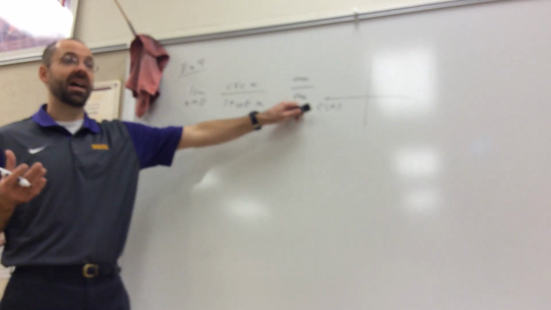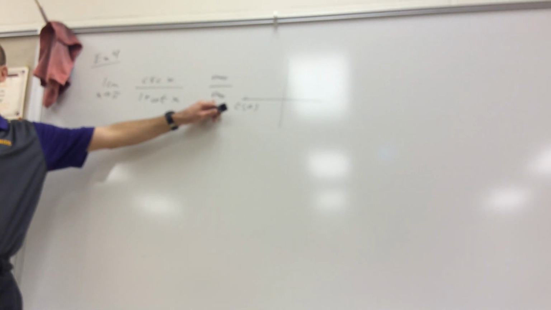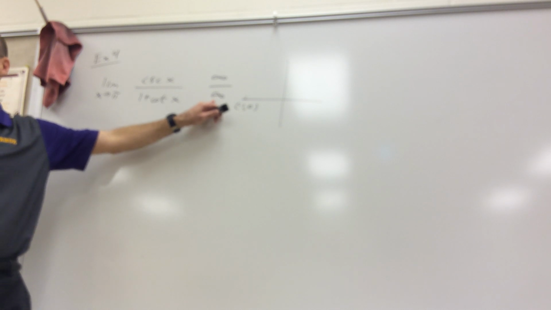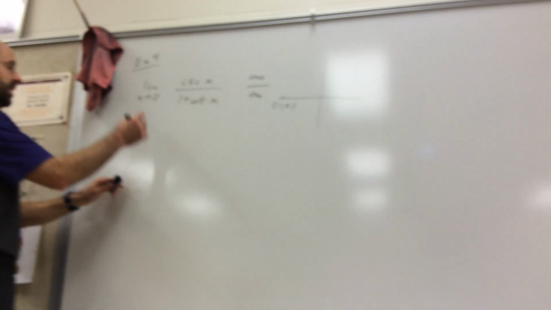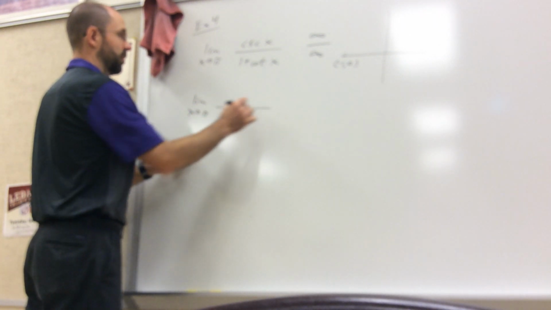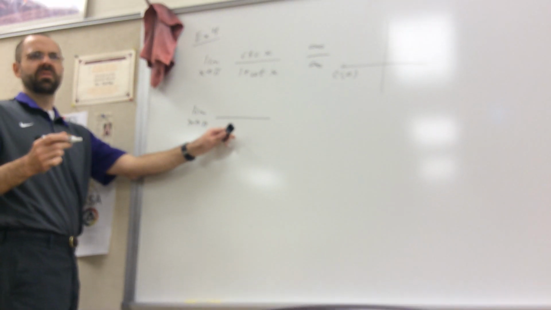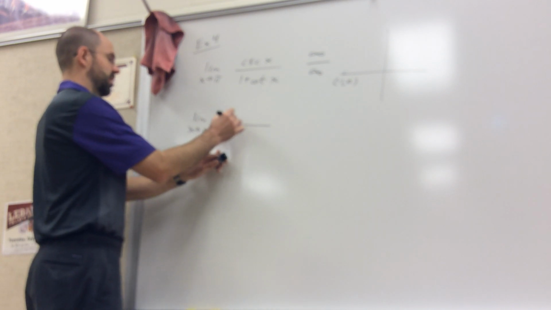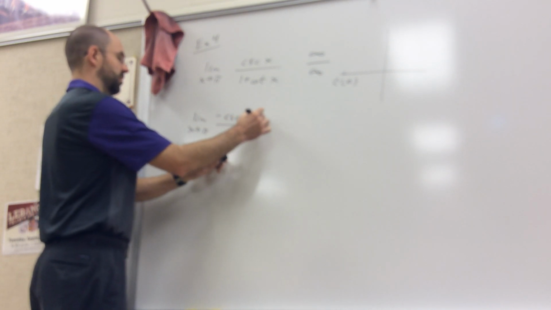That's why I'm writing this down, just to verify. Oh, okay, good. I'm allowed to use L'Hopital's rule. So that means I take the derivative of the top and bottom separately. Okay, so the derivative of cosecant is negative cosecant times cotangent.